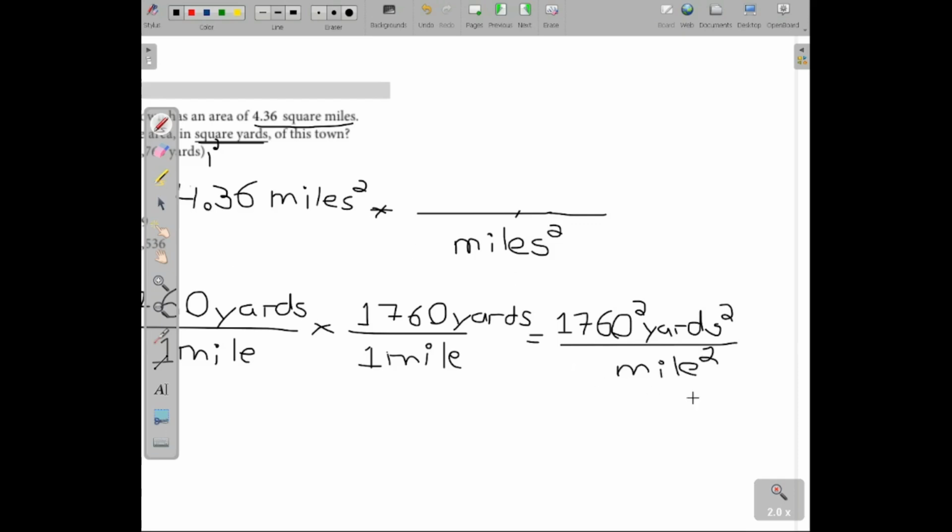Now we replace these values here. 1,760 times 1,760 is equal to 3,097,600 square yards.